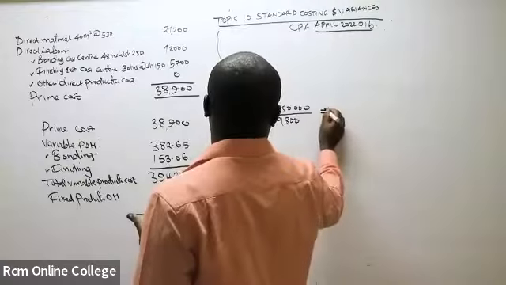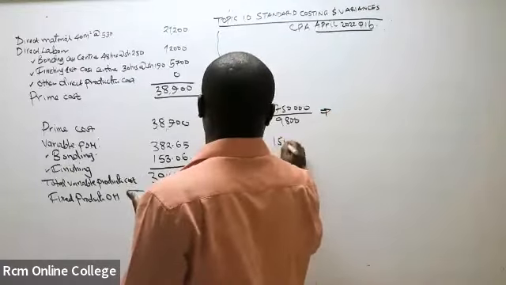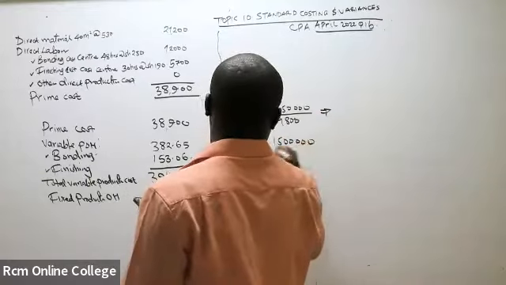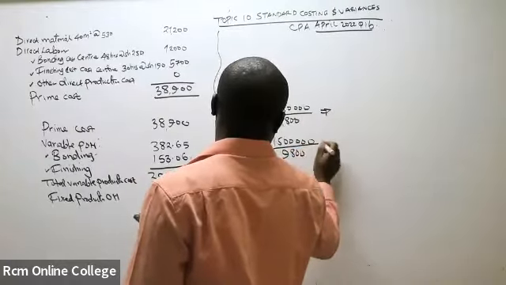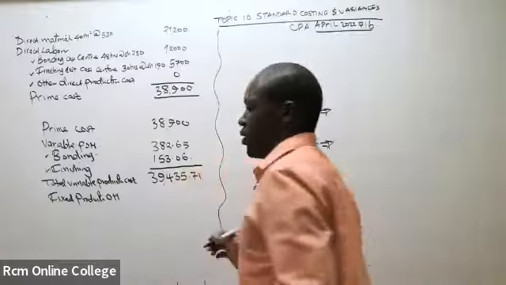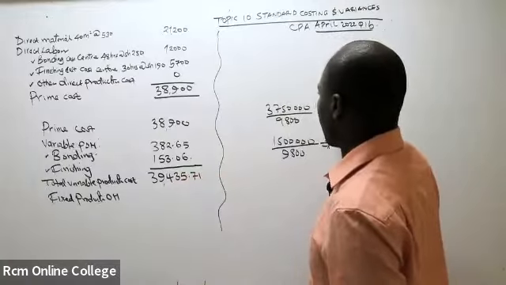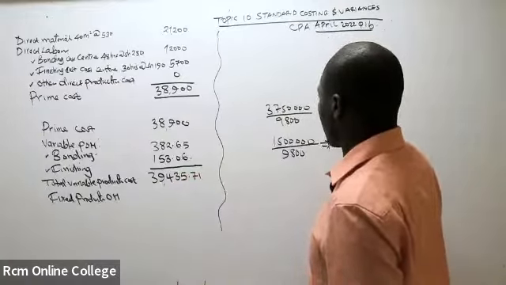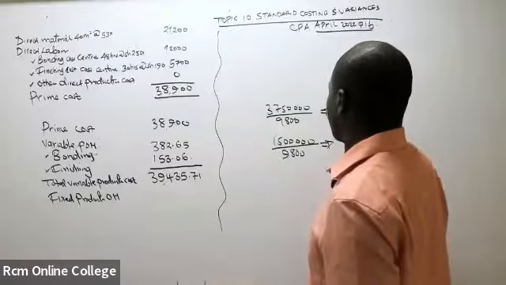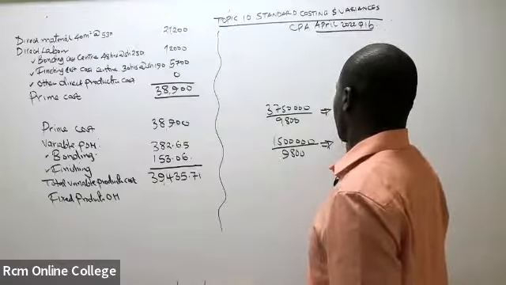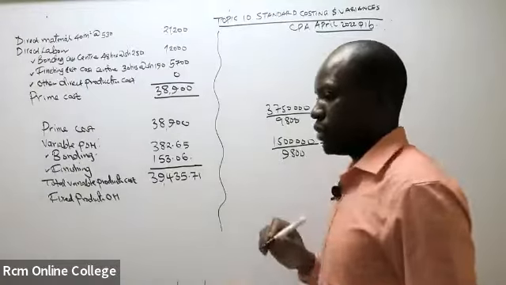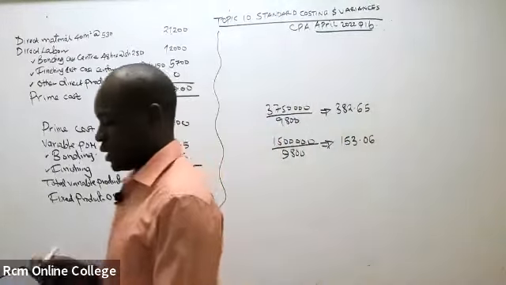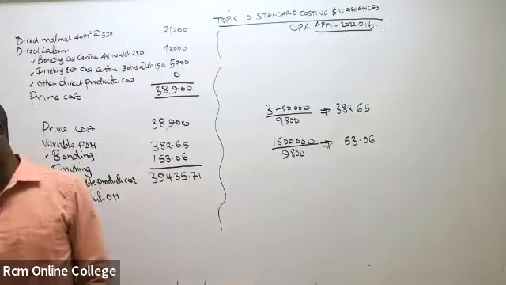Give me the answer. Then 1,500 divided by 9,800. Give me the answer. If the answers are different from these figures, please let me know, Jeff and any other person.